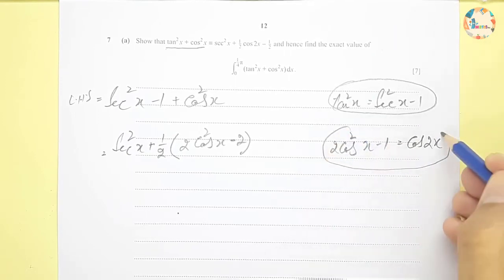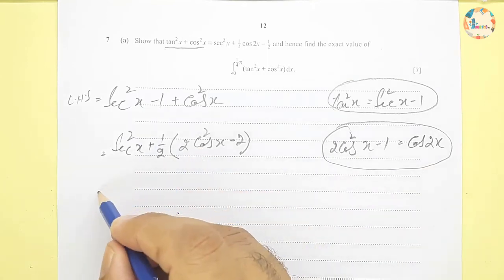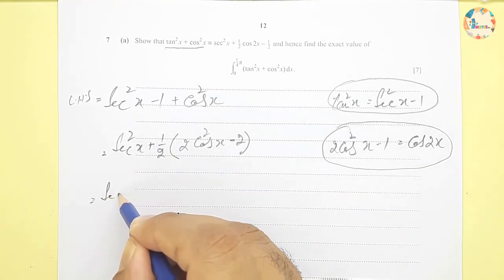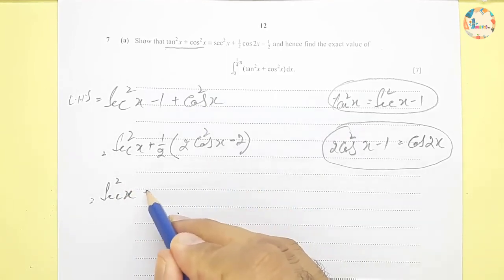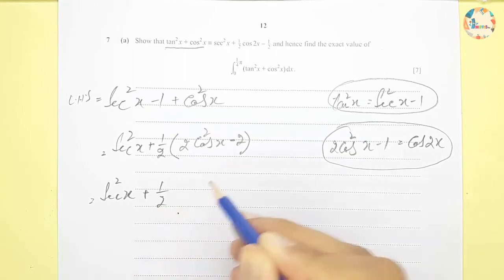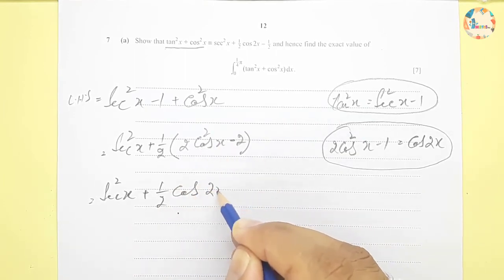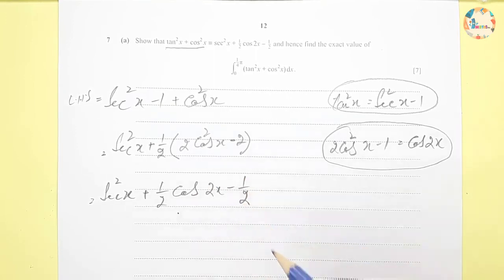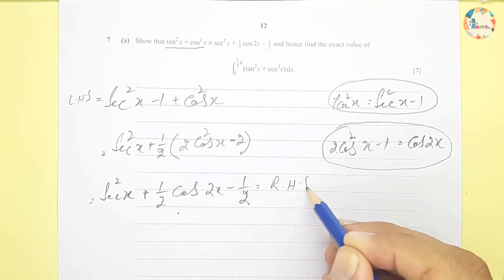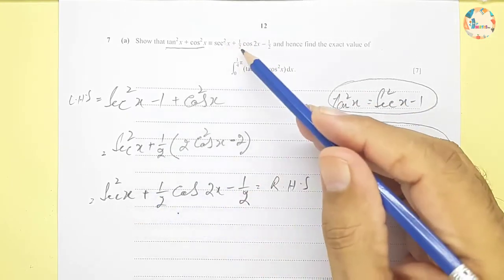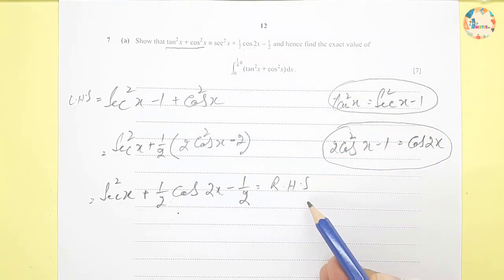This is another formula we can use to change this to cos 2x. So our equation will become secant square x plus 1 by 2 cos 2x minus 1 by 2, and this will be our right hand side. So this is how we can prove this.